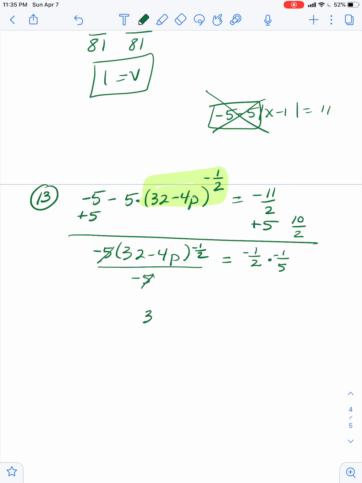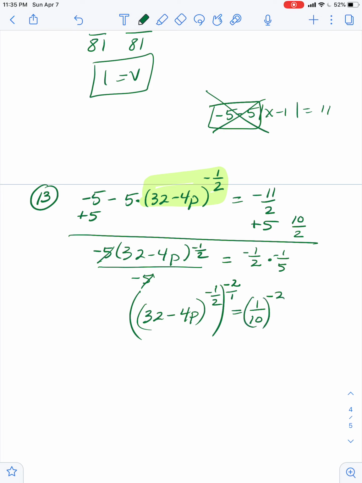Cancels, 32. Okay? So again, I'm going to get 1/10 here. Numerator times numerator, denominator times denominator. Now I've got just my rational exponent problem left. I'm going to again take the reciprocal. In this case, it would be a negative 2 over 1.